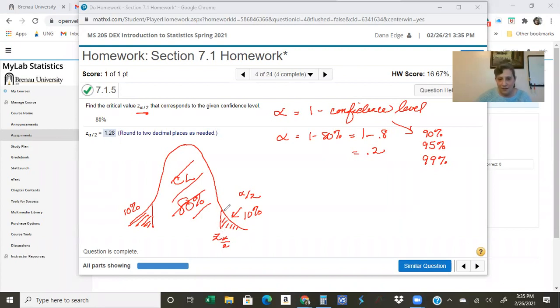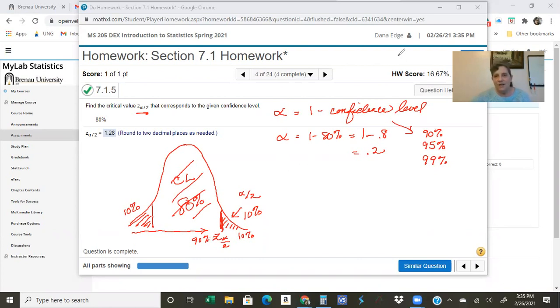We need to find the cutoff between 10%, and therefore these two together make up 90%. So if you're looking at a table, you're going to find your z value that goes at a 90% cutoff.